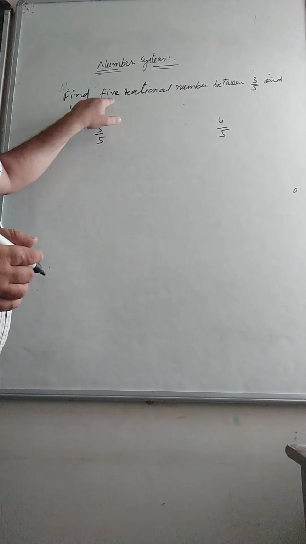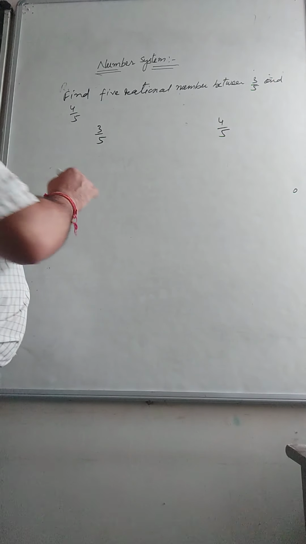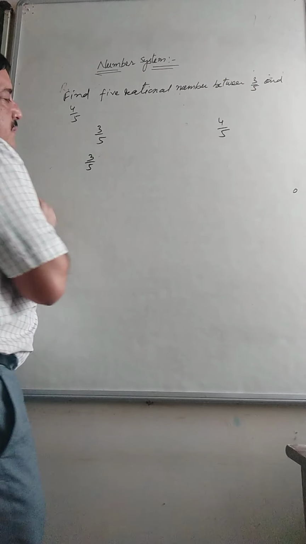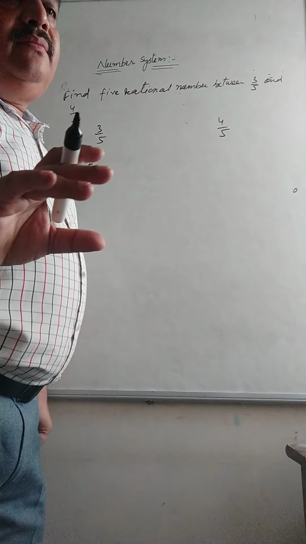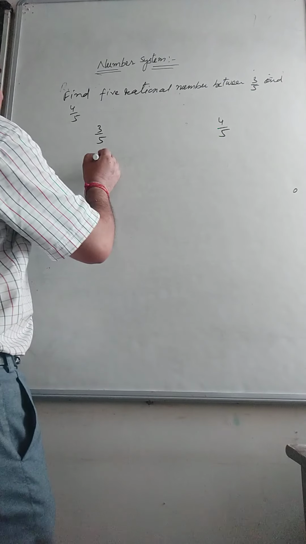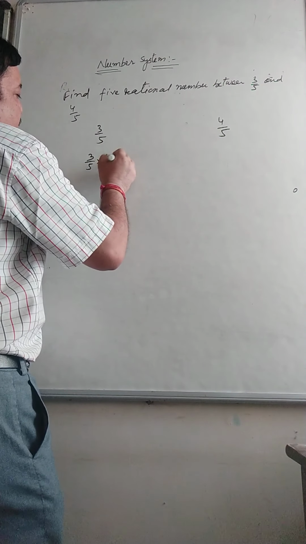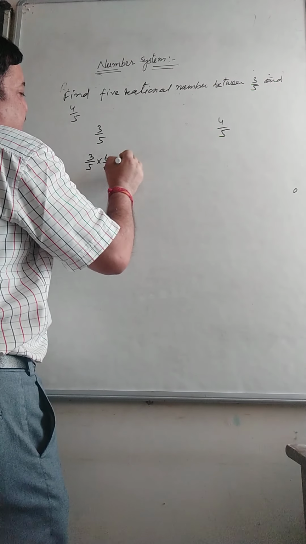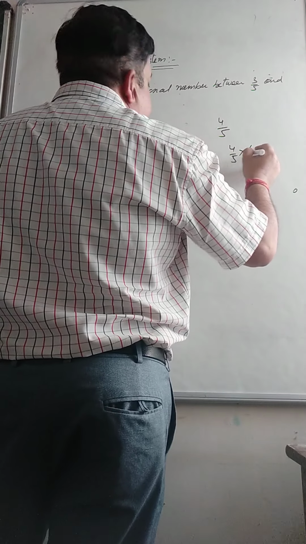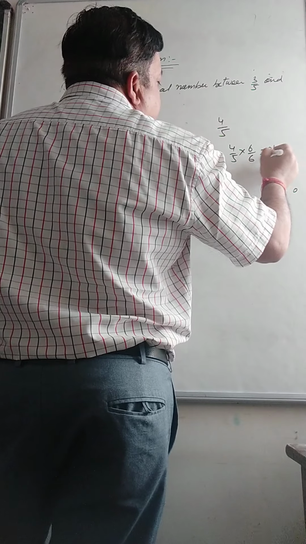We want to put 5 rational numbers. 3 upon 5 can be written as 3 upon 5 into 6 upon 6, that is 18 upon 30, and 4 upon 5 can also be written as 24 upon 30.